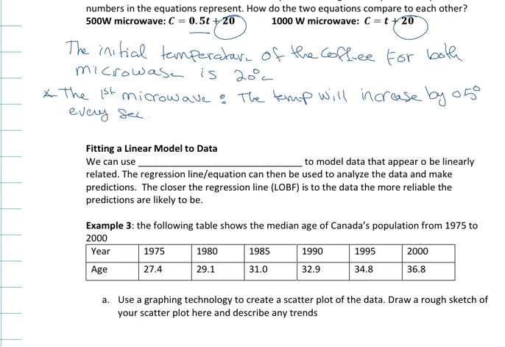For the second microwave, the temperature will increase by 1 degree every second.